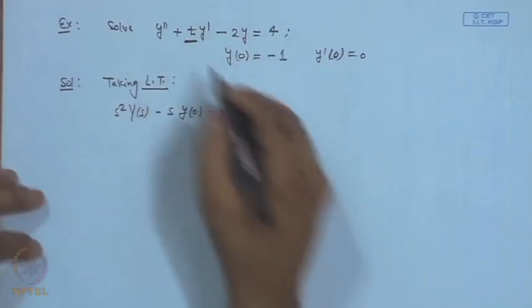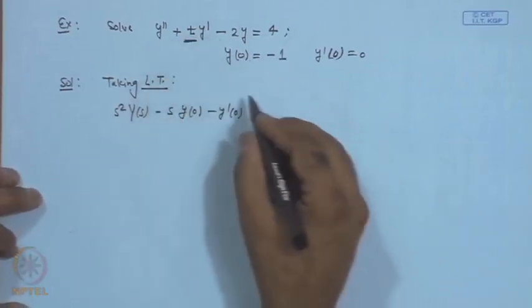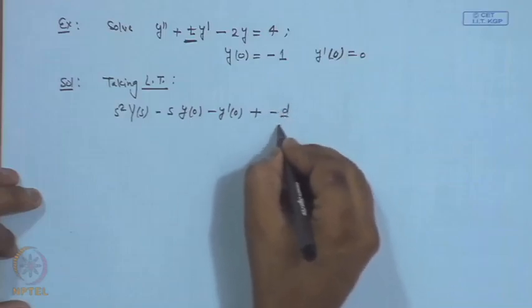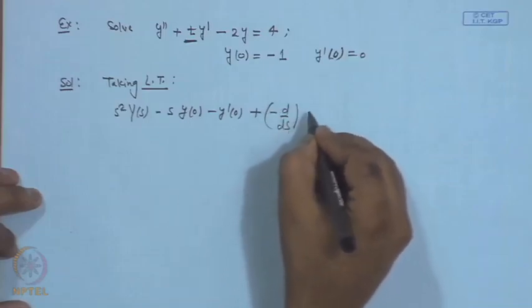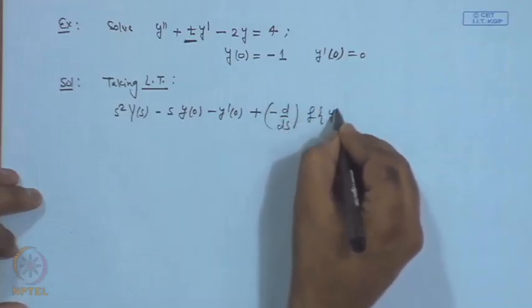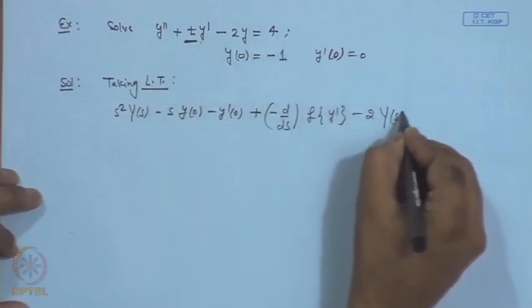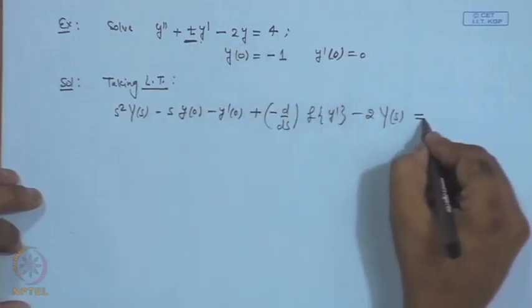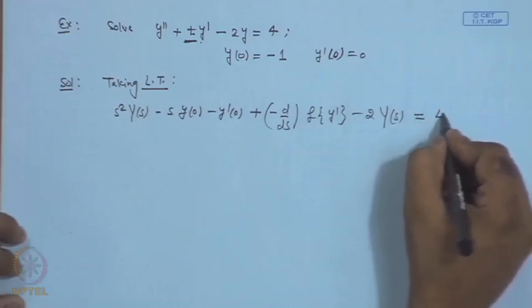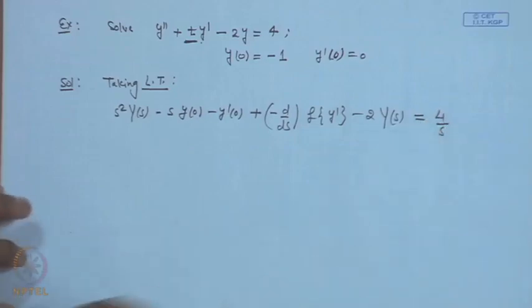That is again the theorem we use when we have multiplication by t: minus d over d s of the Laplace transform of y prime, minus 2 Laplace transform of y, and 4 times the Laplace transform of 1, so 4 over s.